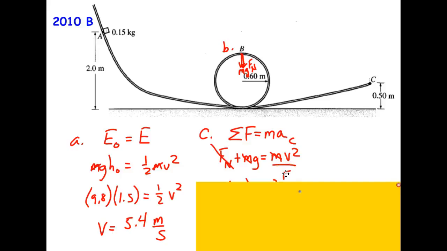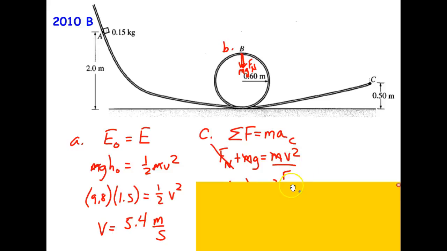Now, they want the minimum speed. At this minimum speed, at that moment, the track would not be pushing back on the block with any normal force, so the normal force would be 0. This means mg is the only cause of the centripetal force at that moment.